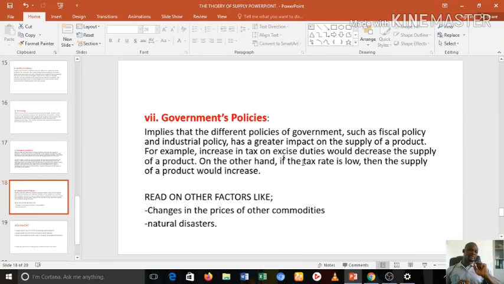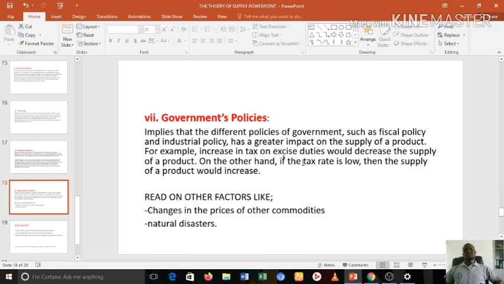Now, looking at government policy as a last factor here, students, we should look at an indicator. My indicator here for government policy is tax. Tax as an indicator for government policy simply means that if a government imposes high indirect taxes on production, we know that indirect taxes are those taxes levied on goods and services.